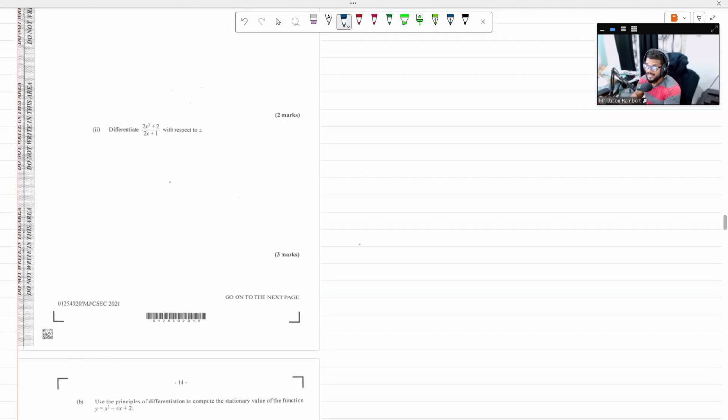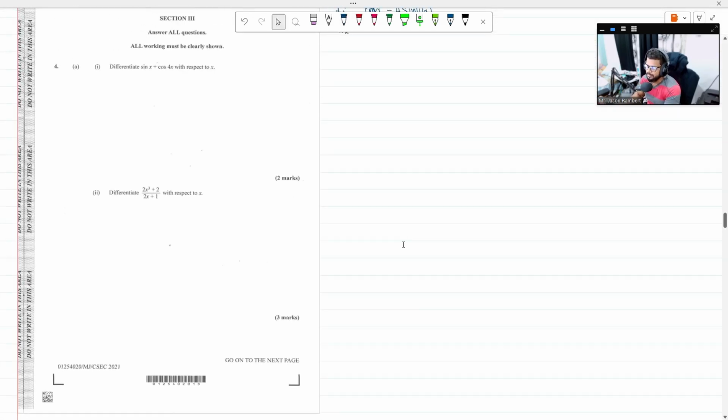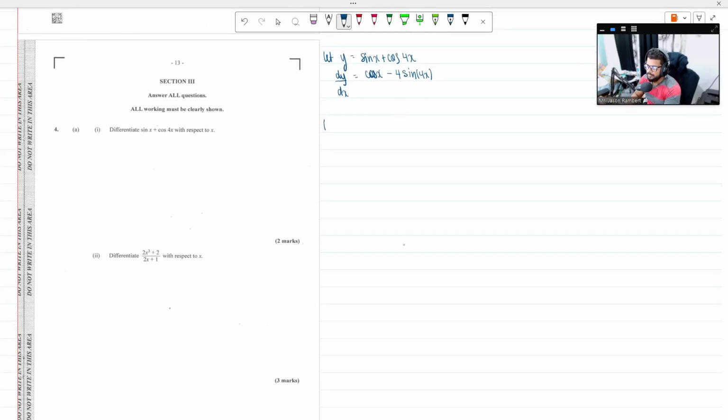Alright, differentiate again. We let y be equal to 2x cubed plus 2 over 2x plus 1.